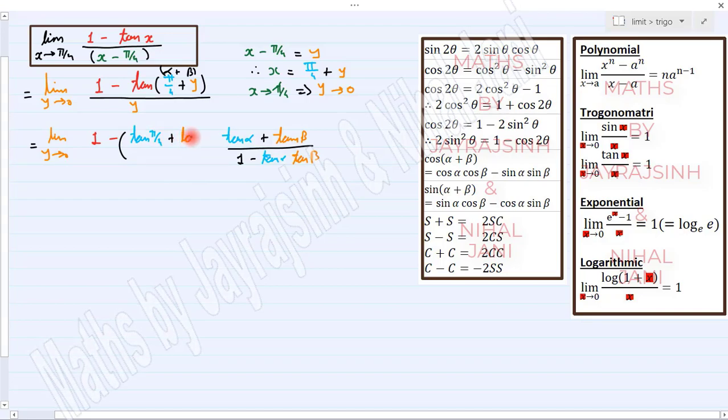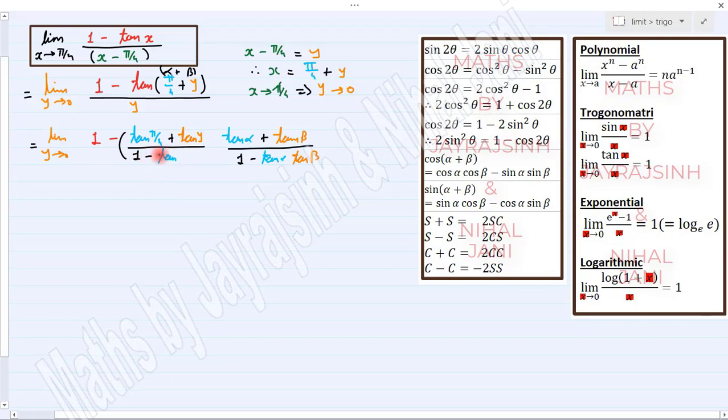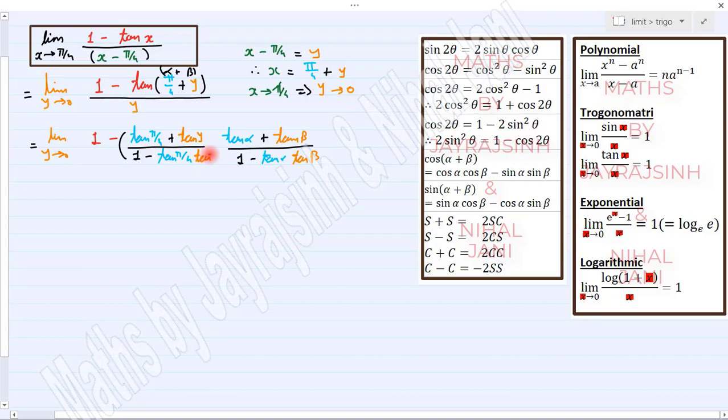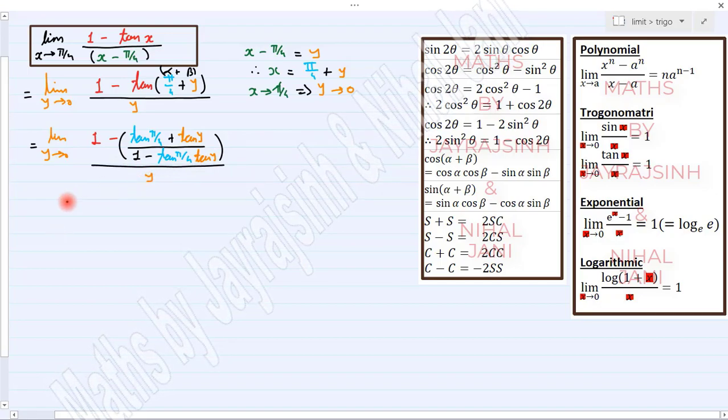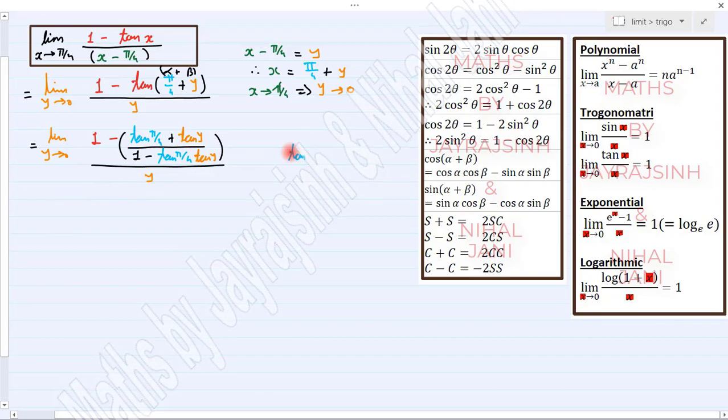So let's simplify. It will be (tan pi by 4 plus tan y) upon (1 minus tan pi by 4 into tan y), whole divided by y as it is. Now we know that the value of tan pi by 4 is simply 1.